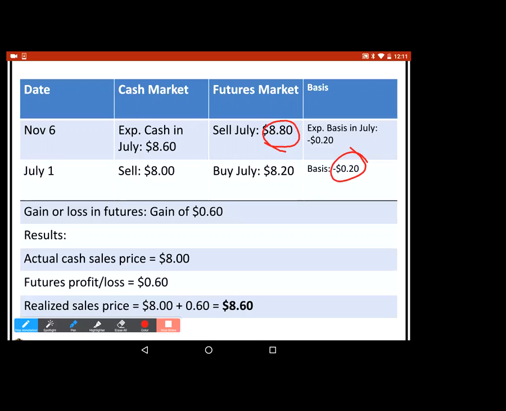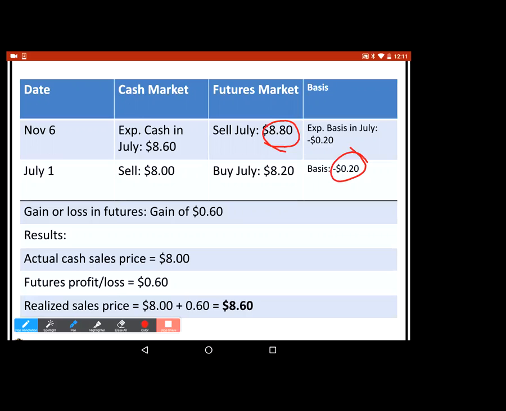So we're at -20. That's what it actually ended up being. What if it was -10? Is that stronger or weaker than -20? Stronger, because it's less negative, going back to that picture that I showed you. So it's a stronger basis.